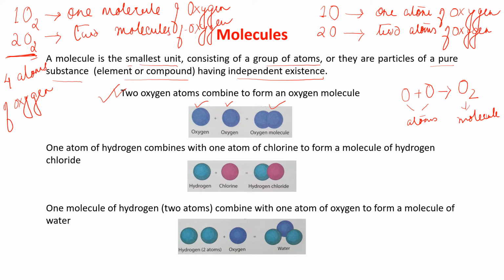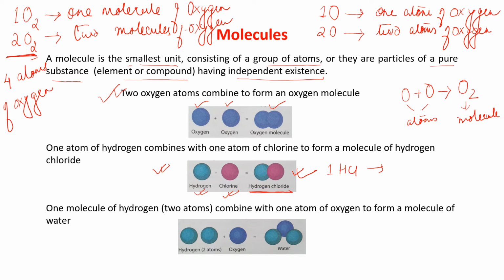Now, see the next one. One atom of hydrogen is combining with another atom of chlorine, which is shown by blue and red color. So it is giving you a molecule of hydrogen chloride. If I write HCl, and nothing is there in front, so it is 1. We do not write 1; if nothing is there, that means 1 is there.